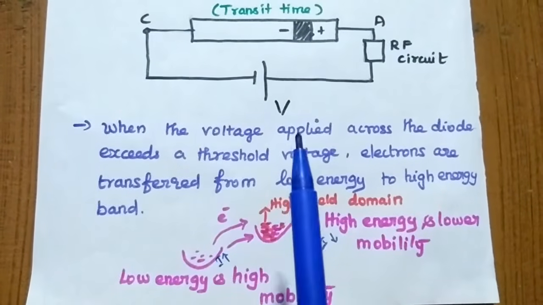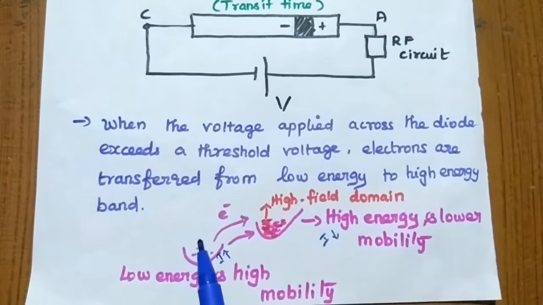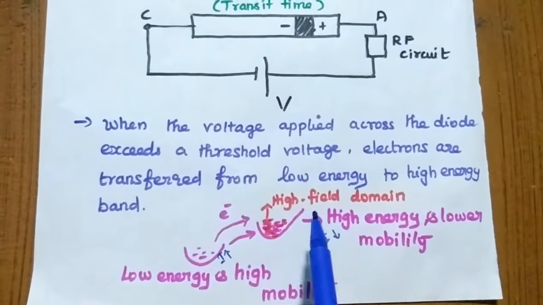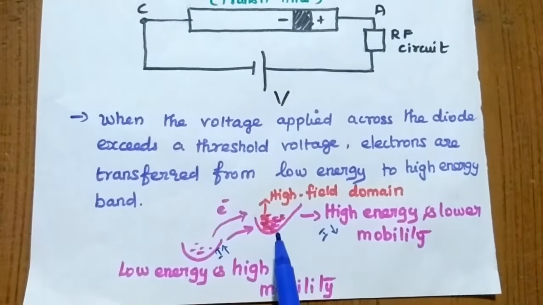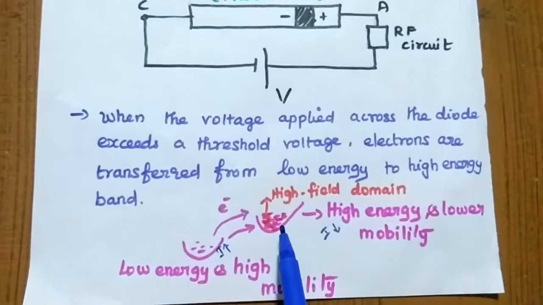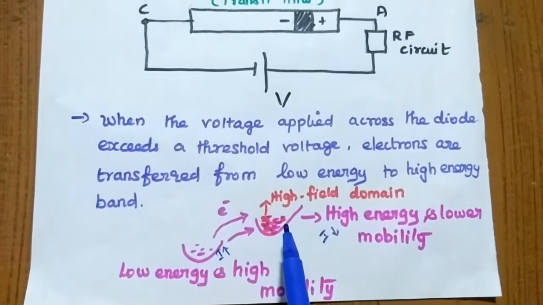Whenever the voltage applied exceeds the threshold voltage, electrons are transferred from this low energy to high energy band. So maximum electrons are available in this high energy band, but these electrons are not able to move. Correct.